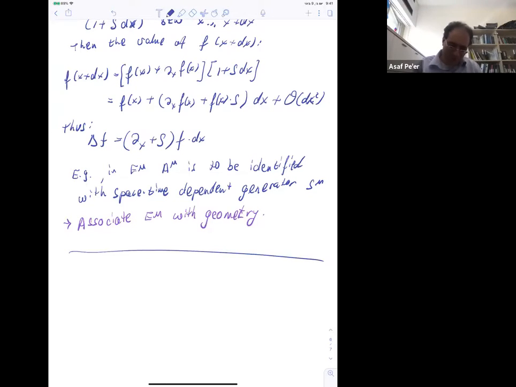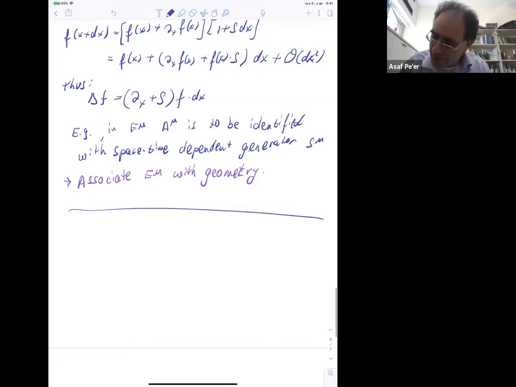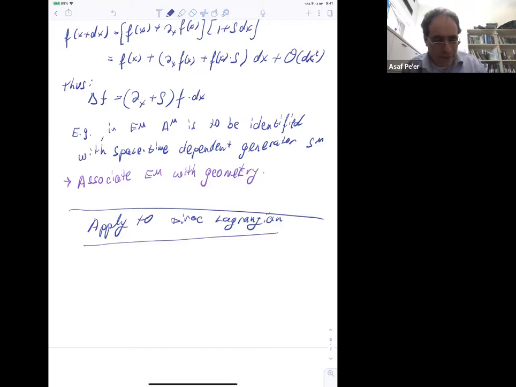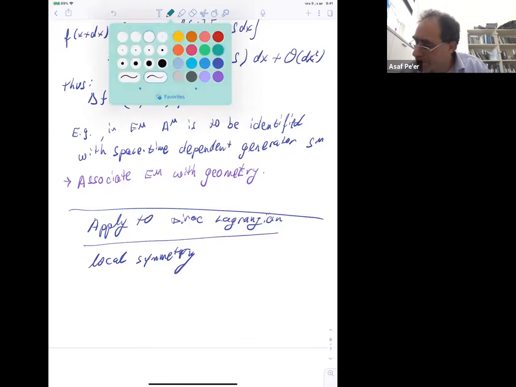So let's see. We had the transformation which was global. Now let's look at the local symmetry, and apply it to the Dirac Lagrangian. When we say a local symmetry, or also a gauge symmetry, that's another name, right?